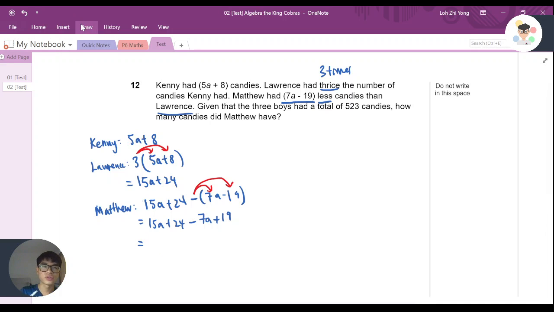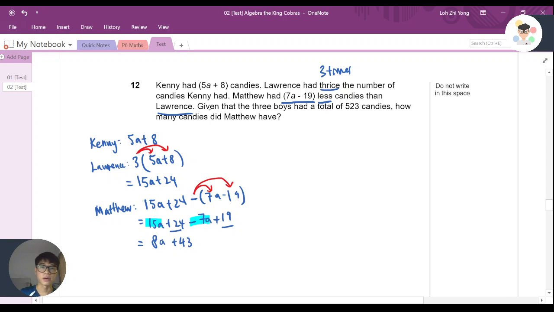As usual, simplify by combining 15a minus 7a, which is equivalent to 8a, plus 24 plus 19, that's equal to plus 43. A lot of you made the mistake on this part only, and the rest you know how to do, you just forget this part.